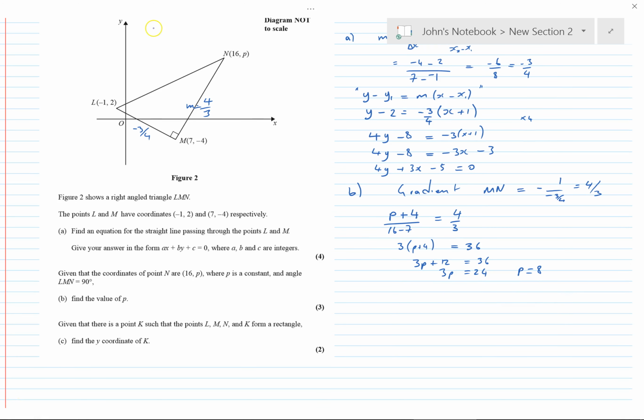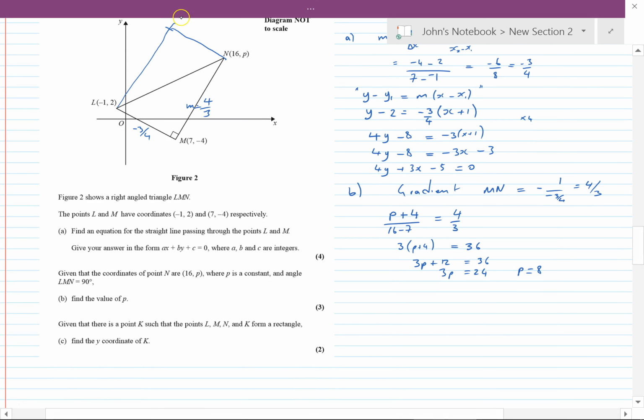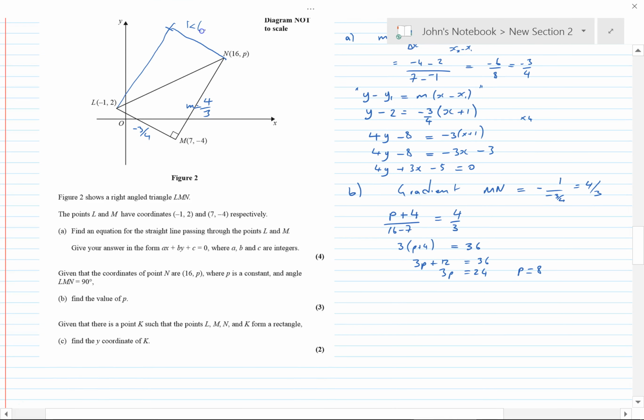Right, and the final part says that there's a rectangle. If this point here makes a rectangle, and we've got the K here, what's the y coordinate?